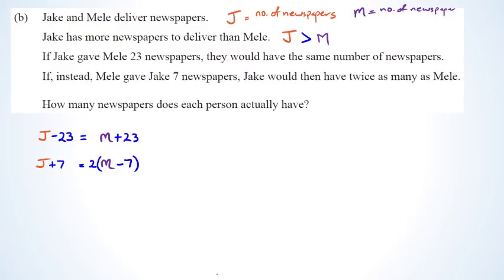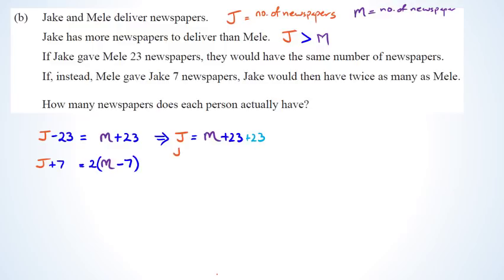And now we need to figure out how many newspapers each person actually has. So I'm going to take my first equation and rewrite this as J equals M plus 23. Because originally there was a minus 23, and if I bring it over to this side, it becomes plus 23 as well.